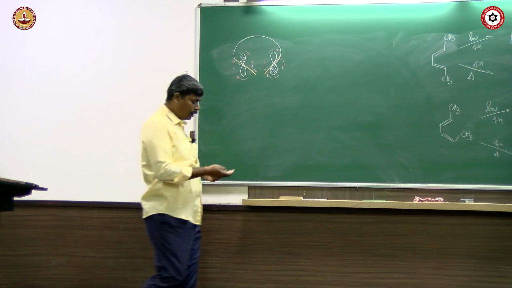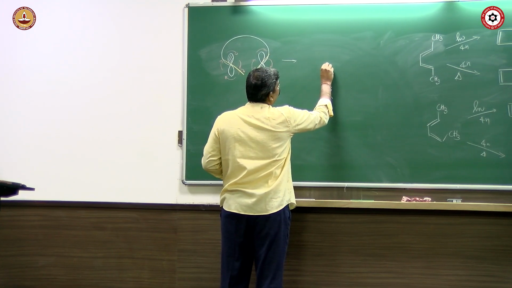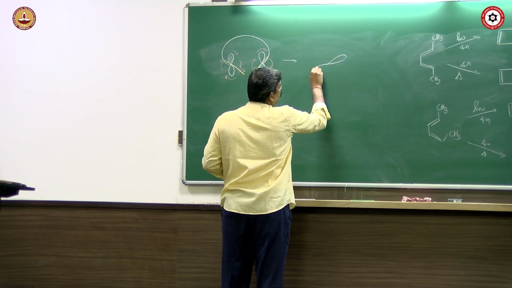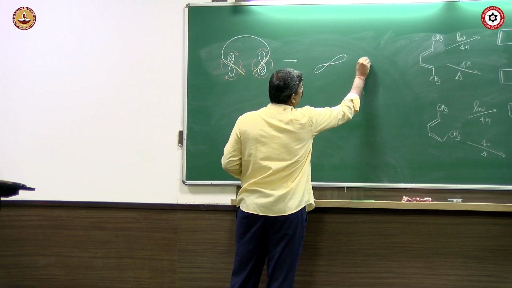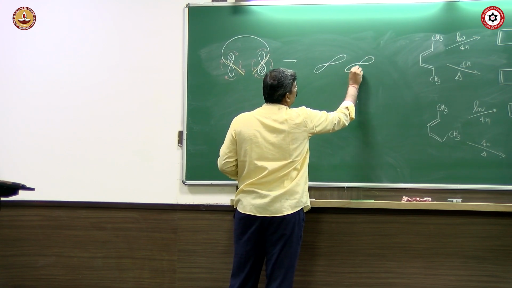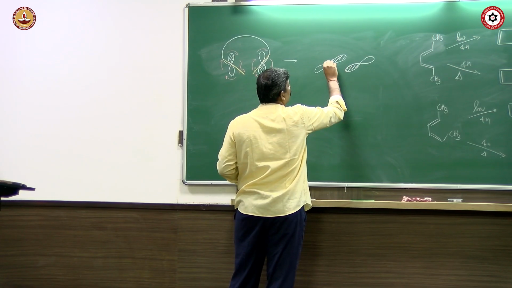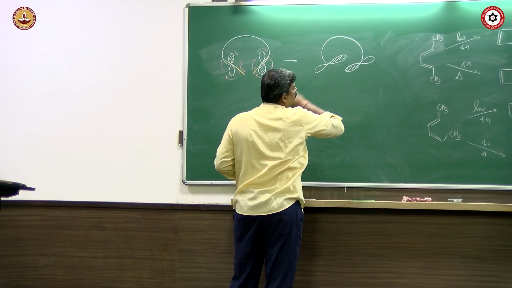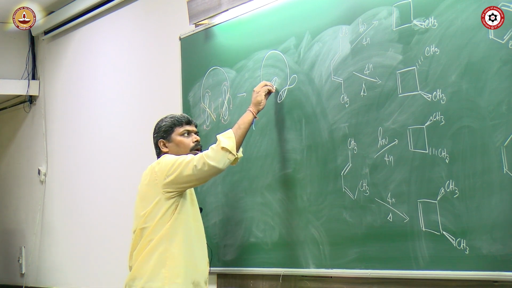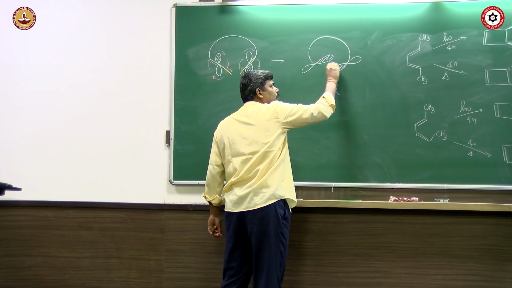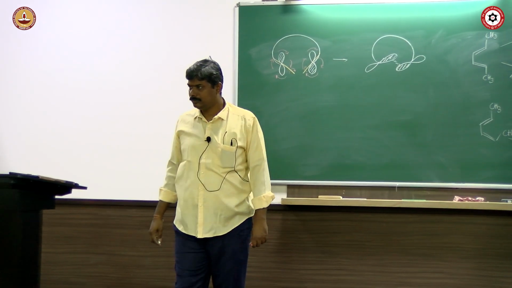So what would be your transition state in this particular case is you will have something like that, where eventually you are going to have an interaction this way, which would create a bonding.